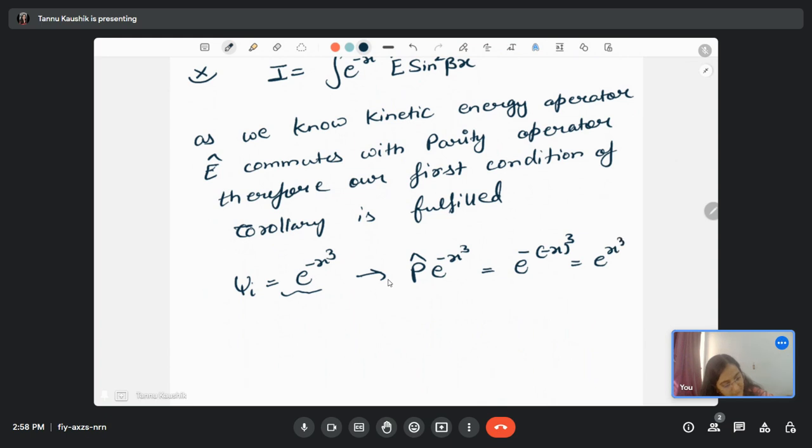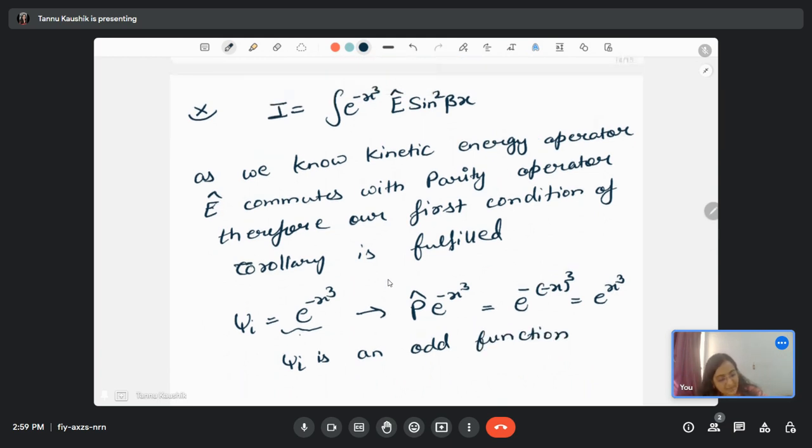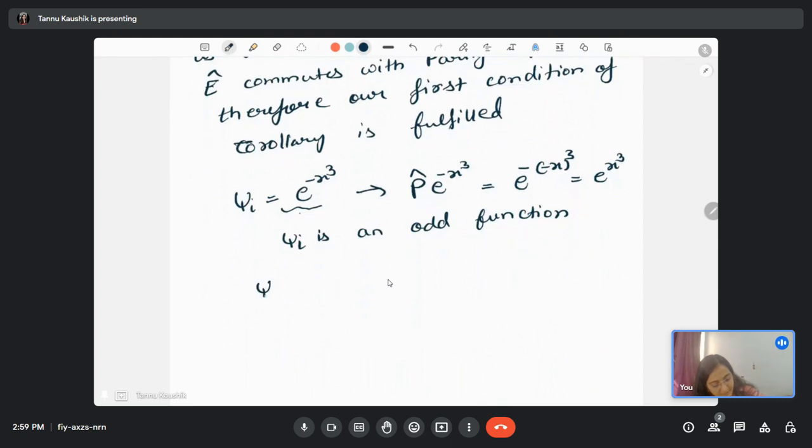We will get e raised to plus x cube. So psi I is an odd function.